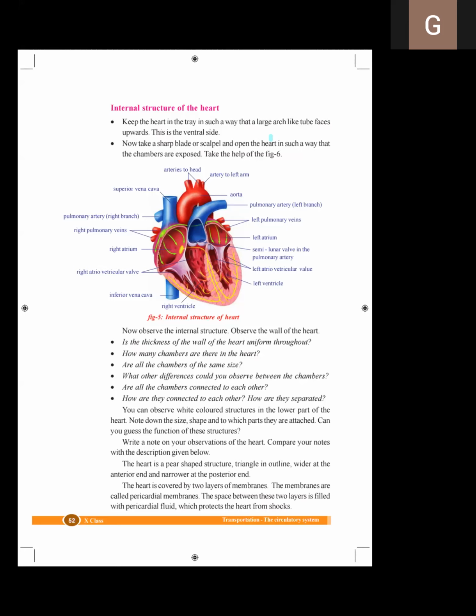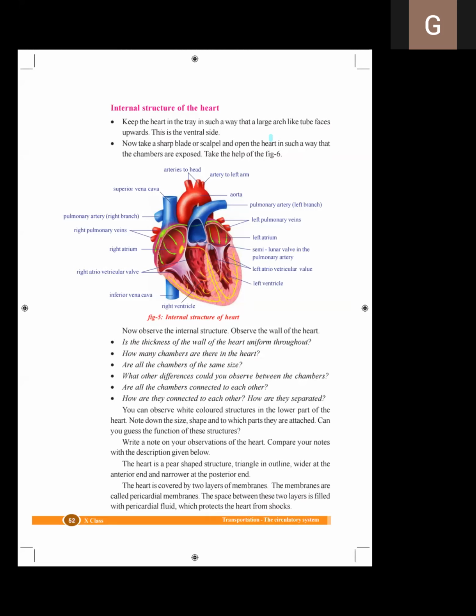So this is an important question: which chamber is the biggest, largest and strongest? The left ventricle is the largest, biggest and strongest among all the chambers of the heart.